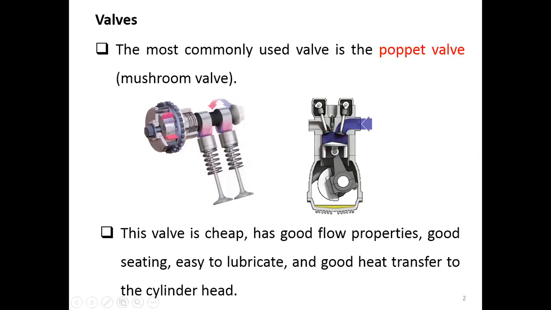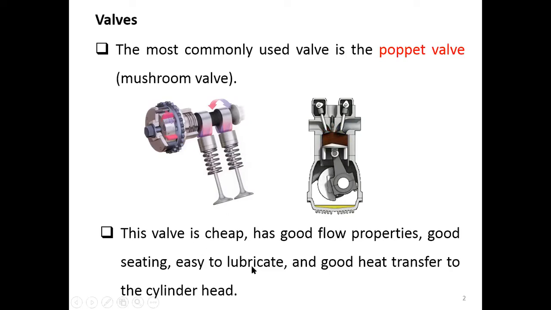A good seating is important for sealing the opening, right? Because this valve is used to open and close, when you want to close it, you want to make sure that it's closed tightly. A good seal has to happen. So with this shape, the front shape of the valve, you can have a good seating, right?